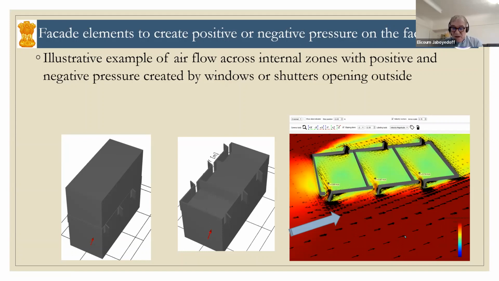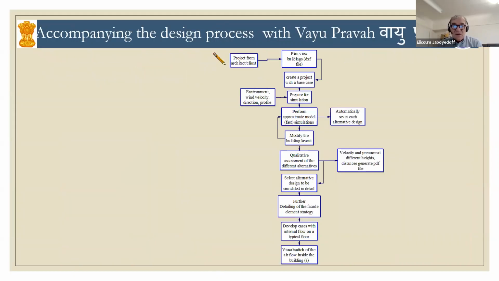I will come back after to explain the method to do that, but you can see that with the wind going along the facade, if we have typical openings, which could be shutters or else, it changes the velocity along the facade of the building, with air entering the building and going out on the other side. In this case, it is a kind of cross ventilation system from facade to facade, and this is something that can also be looked at with the software.